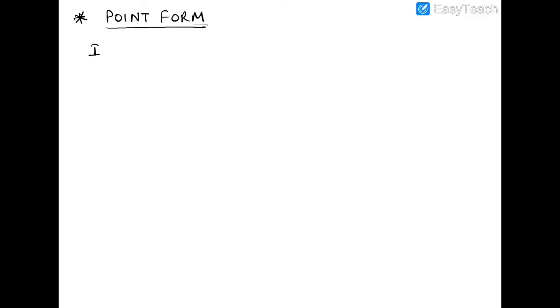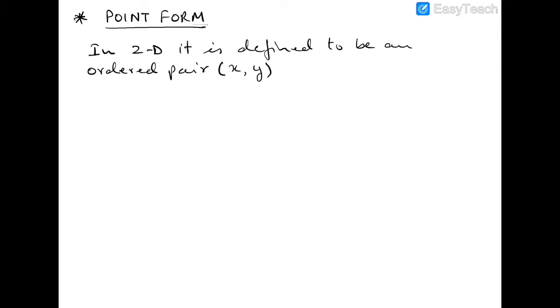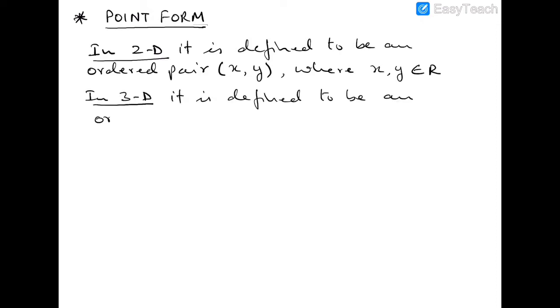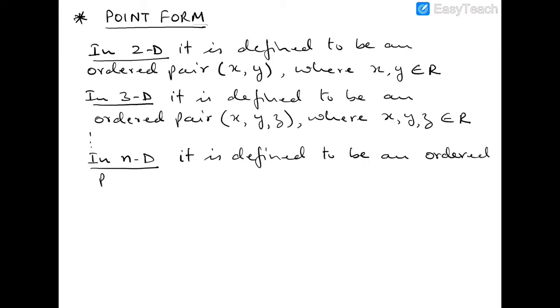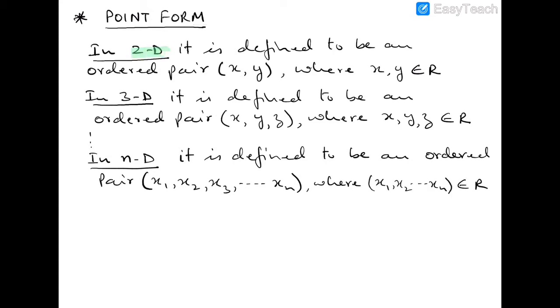In point form, in 2D it is defined to be an ordered pair (x, y), where x, y belong to the real numbers R, and in 3D it is defined to be an ordered triple (x, y, z), where x, y, z belong to R. Similarly, in nD it is defined to be an ordered n-tuple (x1, x2, x3, up to xn), where x1, x2, x3, up to xn belong to R. So in 2D it will have 2 variables, in 3D 3 variables, and in nD n variables.